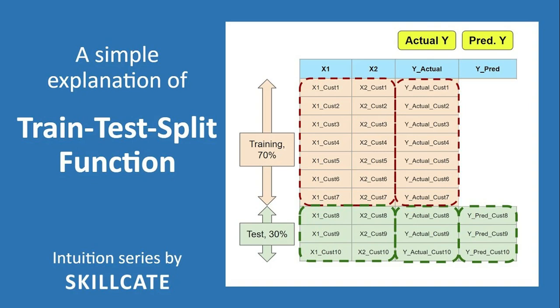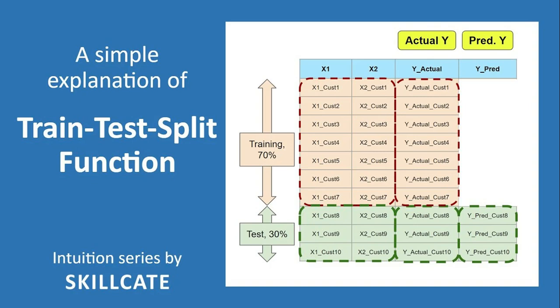Predicted Y is the result predicted based on the trained dataset. As we mentioned before, we have the training set at 70% and the testing set at 30%.